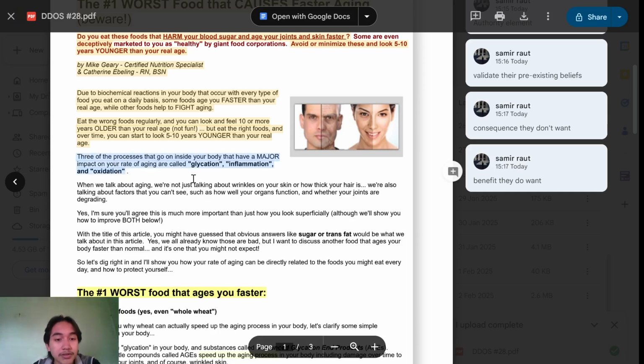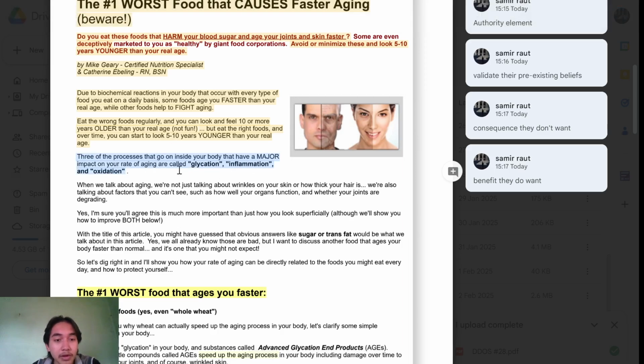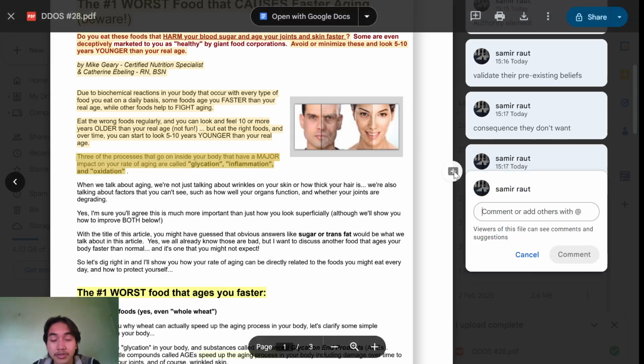Three of the processes that go on inside your body that have a major impact on you: glycation, inflammation, and oxidation.